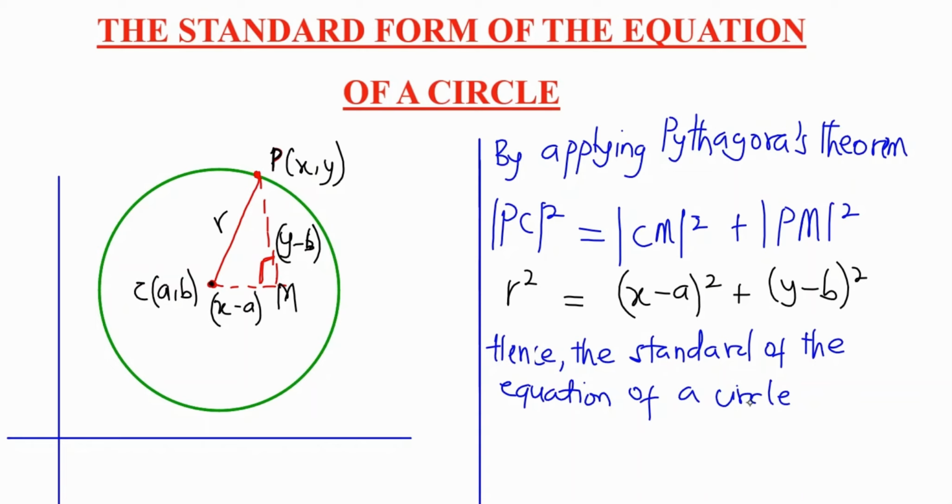So this is what we have as the standard form of the equation of a circle. Knowing well that the coordinates AB is the center and R is the radius, and then XY are points on the circle. So now we said from the beginning that the expanded form of the standard form gives us the general form. So having known this, let's move to the general form of the equation of a circle.